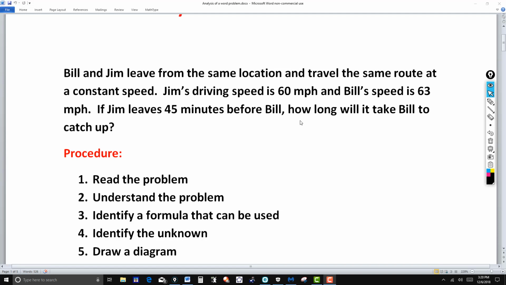So in this case, it says how long will it take Bill to catch up? So we're looking for time. And since speeds are given here in miles per hour, we want the time converted to hours. We want all the units to be consistent.